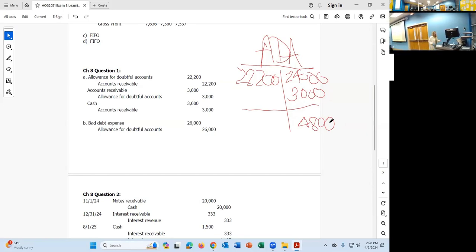Now, on your test, basically what's going to happen is if you're asked a question about the aging of accounts receivable, this is going to be your starting point. It's going to say you have an unadjusted credit balance of $4,800 in the allowance for doubtful accounts.